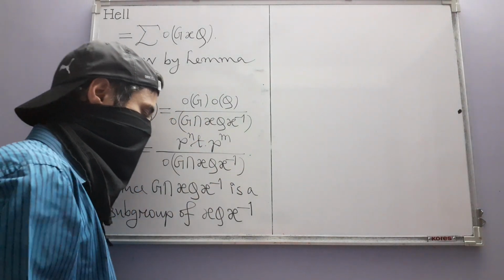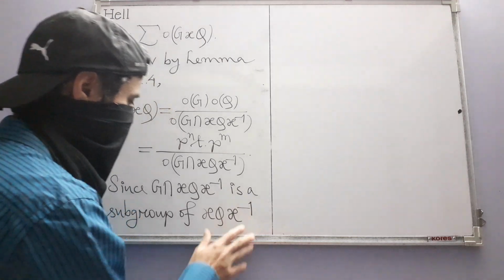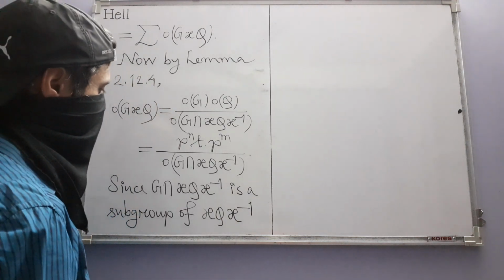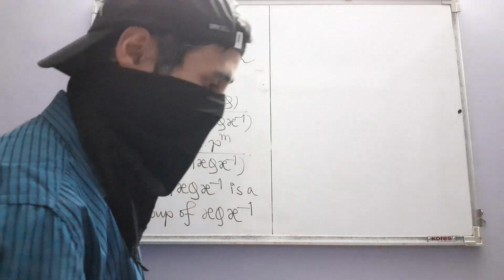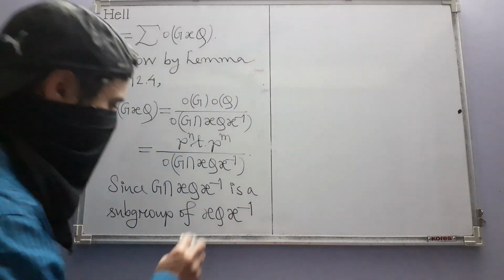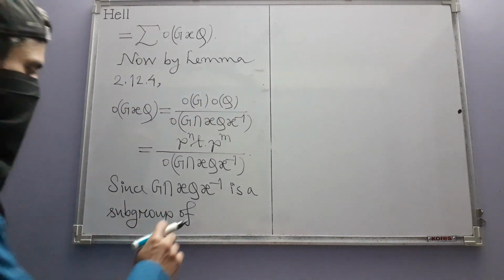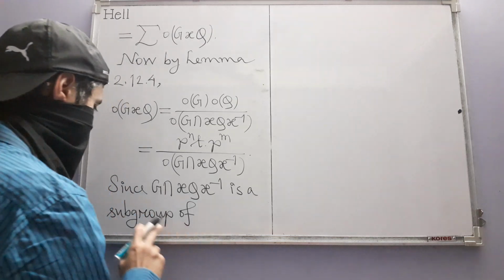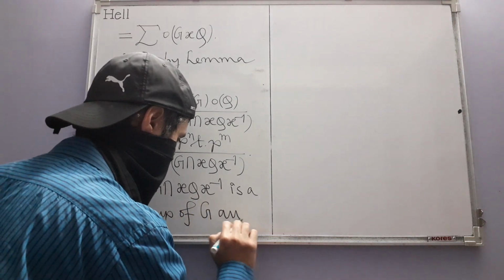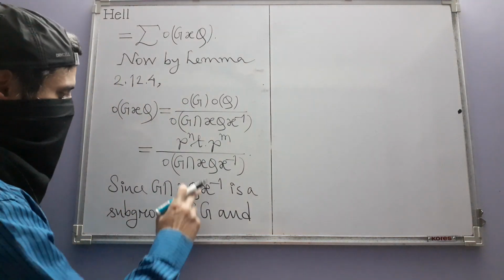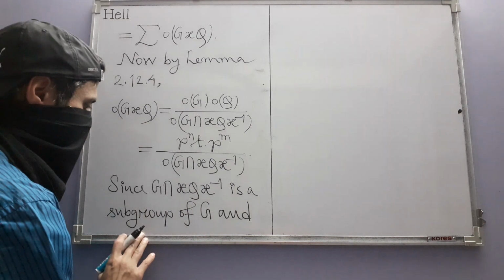Yeah, wait, hold on. Is this going to give me something? Or should I consider it as a subgroup of G instead. Let's see if I'm following the right track. Since this is a subgroup of G, it is also a subgroup of this, but that's not going to give us what we want.